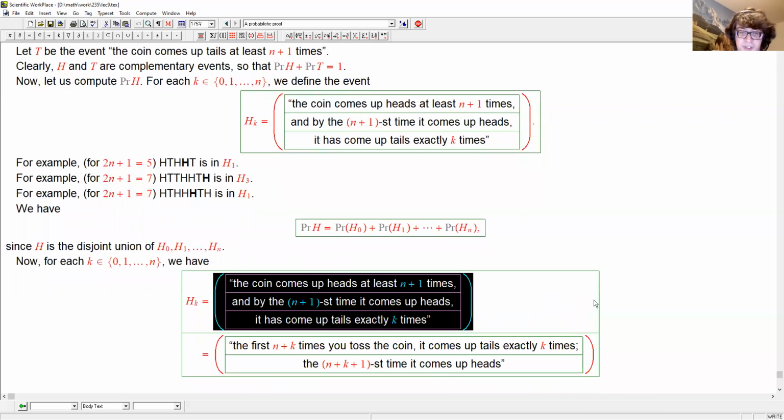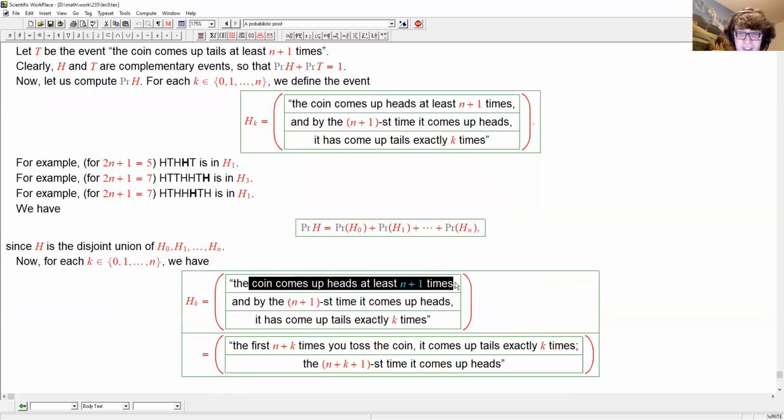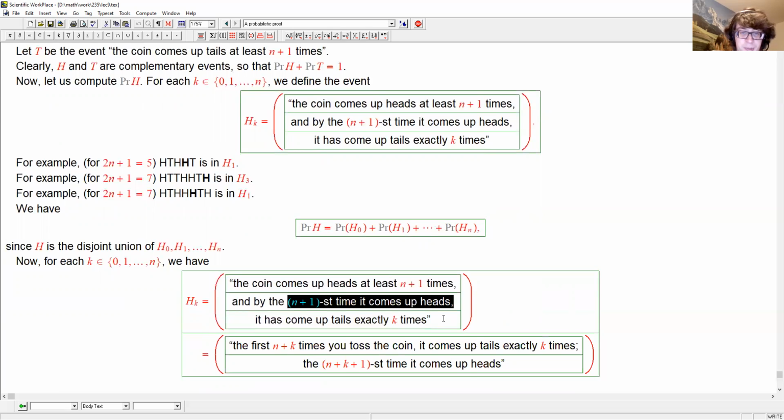You can convince yourself that it's the same, because if this is true, then among the first n plus k plus 1 times, it comes up heads n+1 times, so the coin comes up heads at least n+1 times, and by the n plus first time it comes up heads, it has come up tails exactly k times. So this is a fairly easy verification that this is really the same statement.